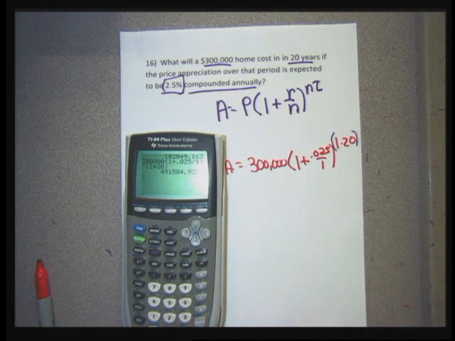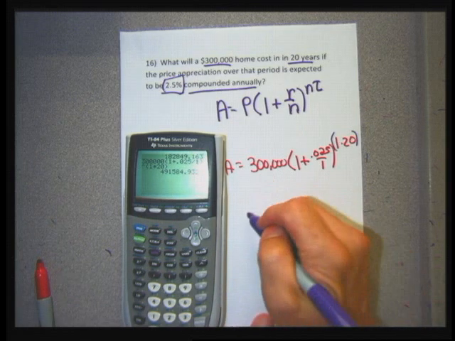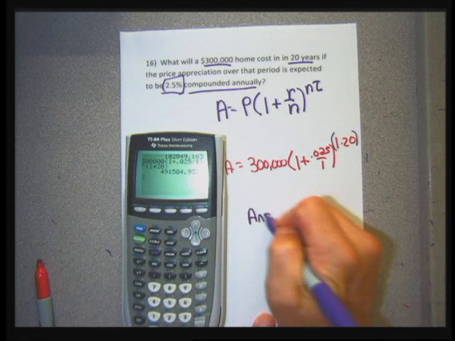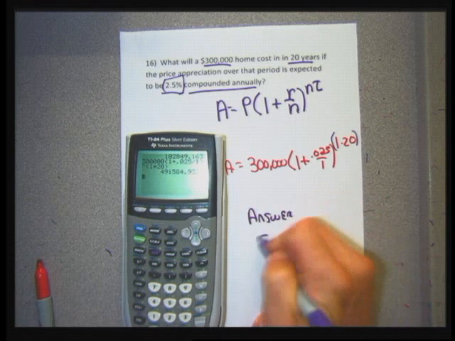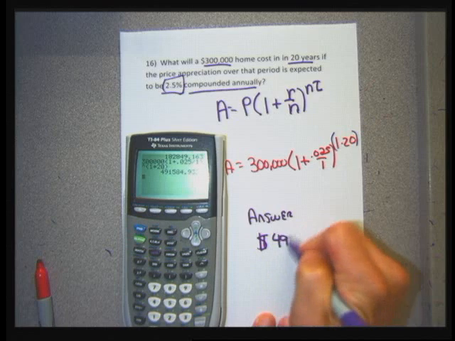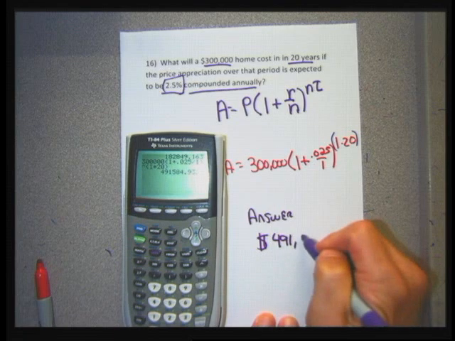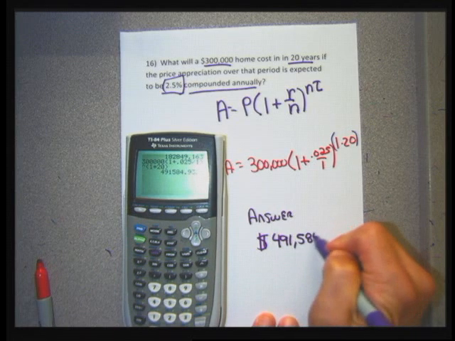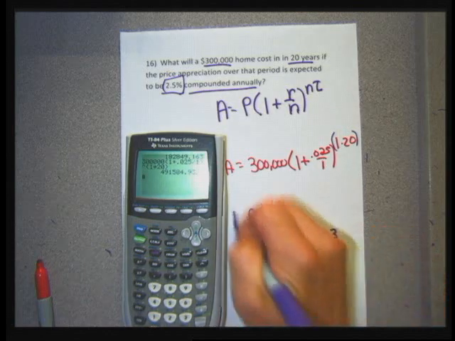So this $300,000 house in the year 2032, or whatever, 20 years, maybe 2036 if this is 2016, will be worth $491,584.93.